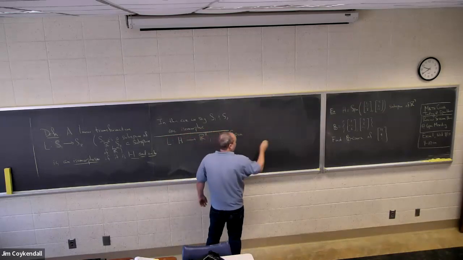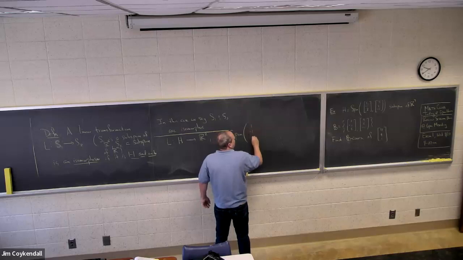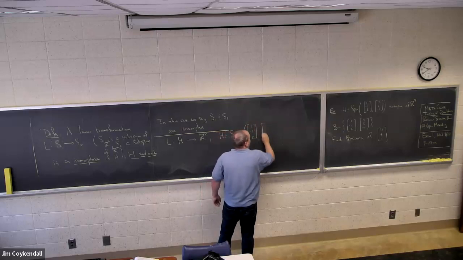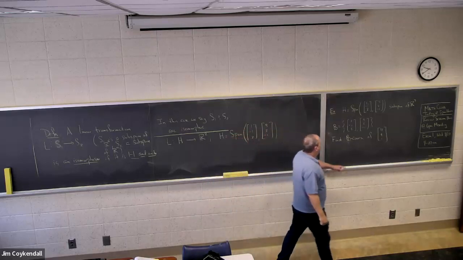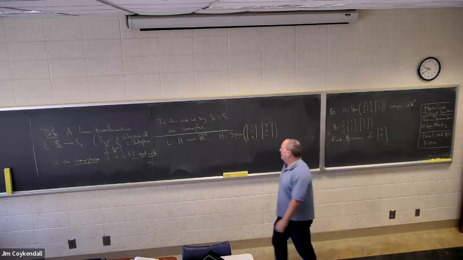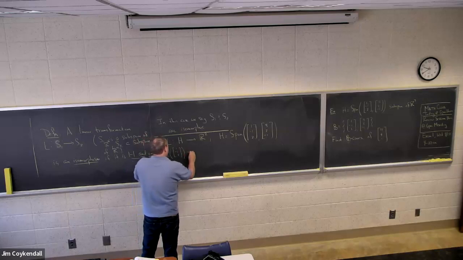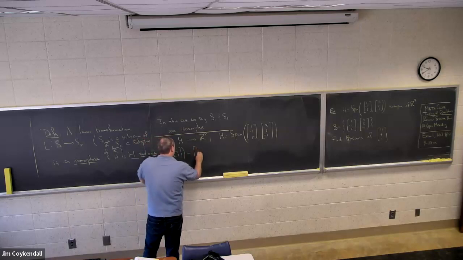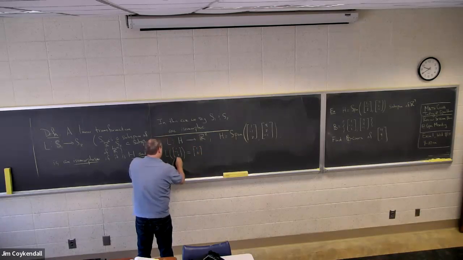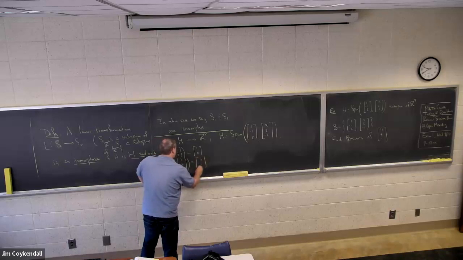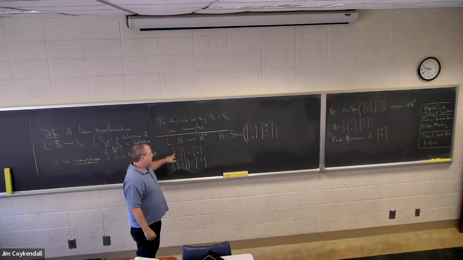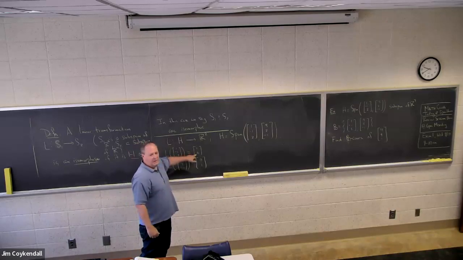Let me read on this example that I had here. 1, minus 1, 2, and 3, 2, minus 1. So take this first basis vector and just force it to go there.